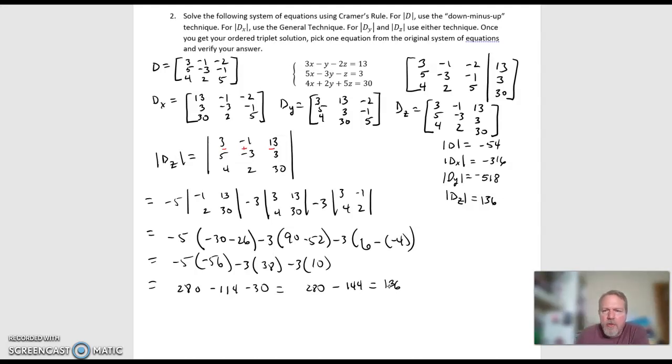So the ratios turn out to be x equals negative 316 divided by negative 54, which turns out to be 158 over 27. Y equals negative 518 over negative 54, which turns out to be a positive 259 over 27.